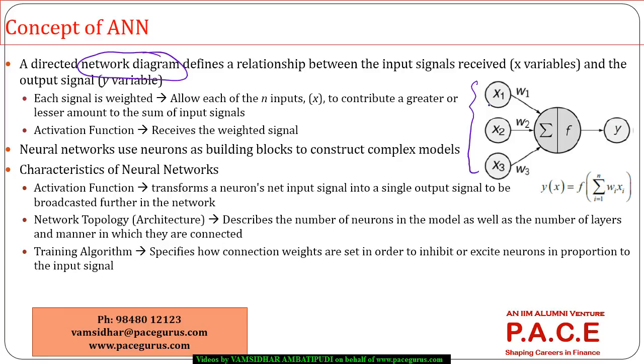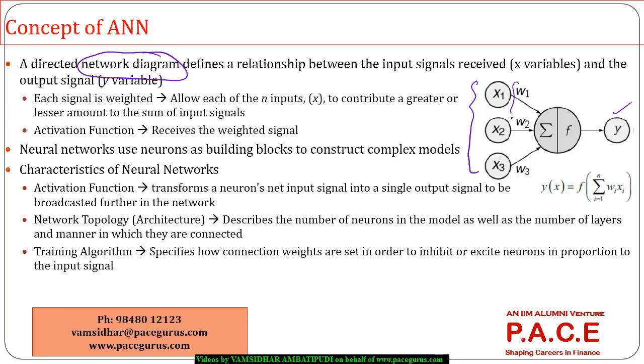So we have several input variables in this diagram. I have three input variables x1, x2, x3, and I have an output variable y. So when I'm talking about a network diagram, I'm trying to build a relationship between x1, x2, x3, which are the input variables, and an output variable which is y.